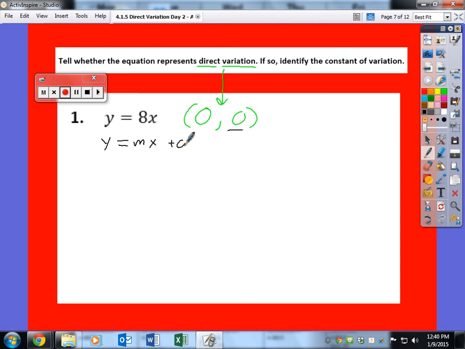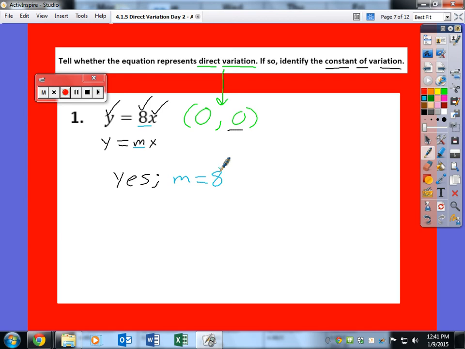The y-intercept is 0, so we're not including it in the equation, which means this works out. There's our y, there's our slope, and there's our x. So this is, yes, a direct variation. The constant of variation is the only number in the equation.